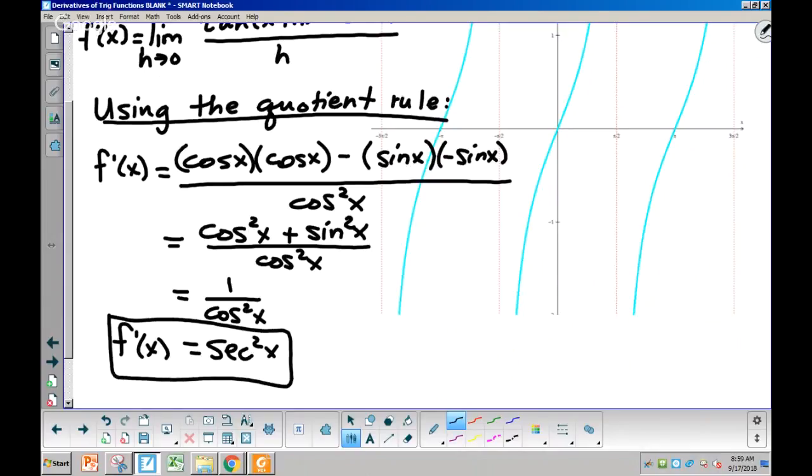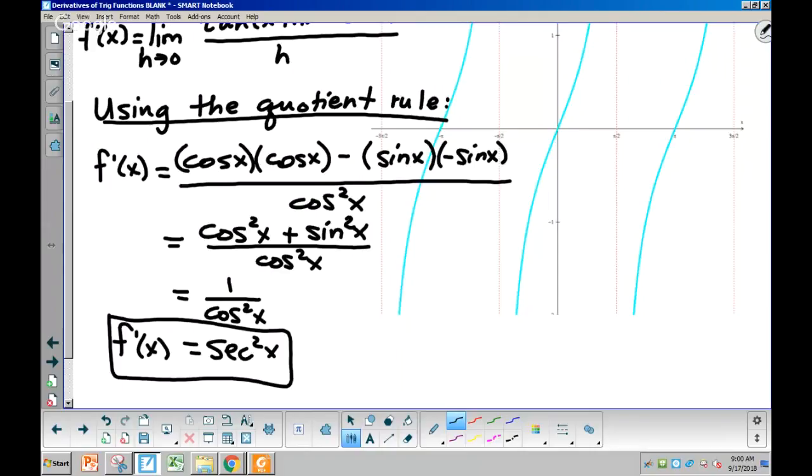So let's talk about secant squared x. Do we remember what that graph looks like? We took the cosine graph and we took the y values and flipped them upside down, reciprocated them. And what happens when you square those?